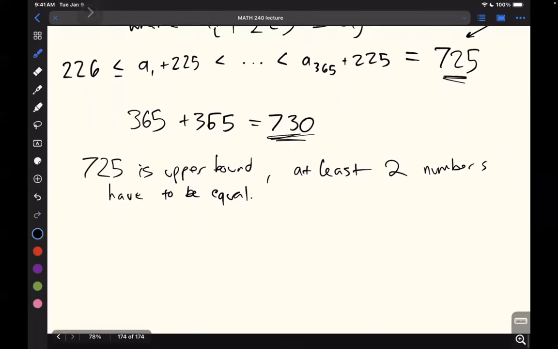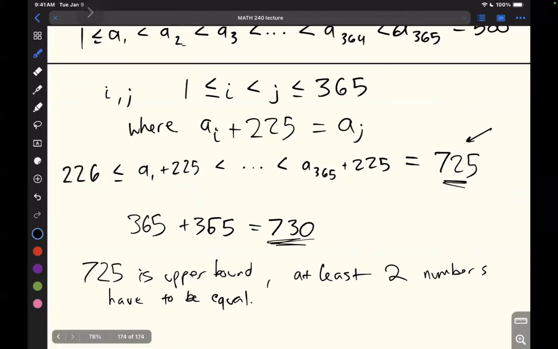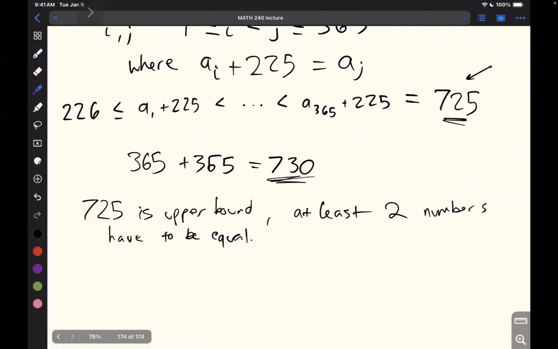So there's got to be a case where there's some sort of overlap between this number and some number over here, where it has to be some number plus 225.